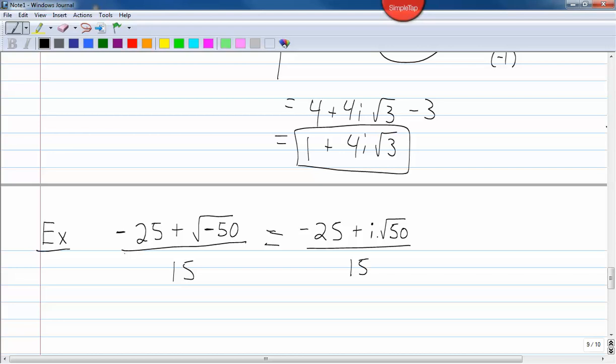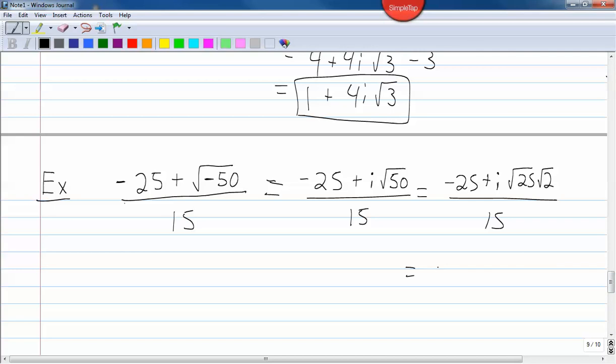How can we break that up? The square root of 50 can be written as the square root of 25 times the square root of 2. The square root of 25 is 5. So that's why you break it up like that.